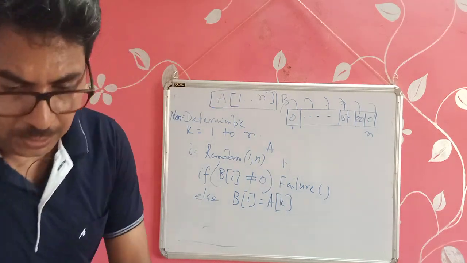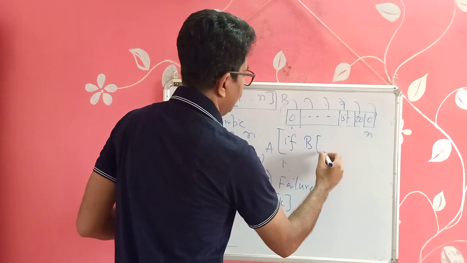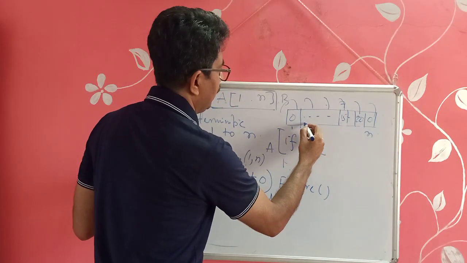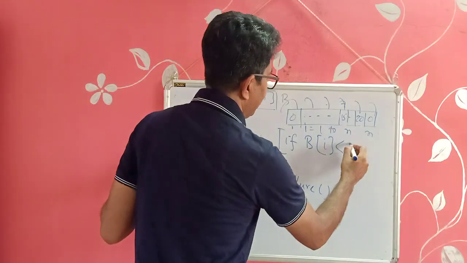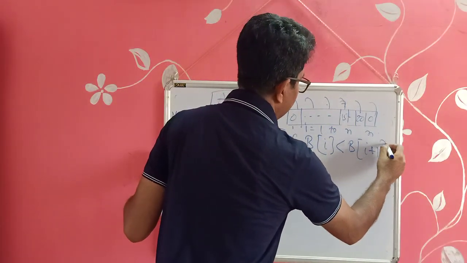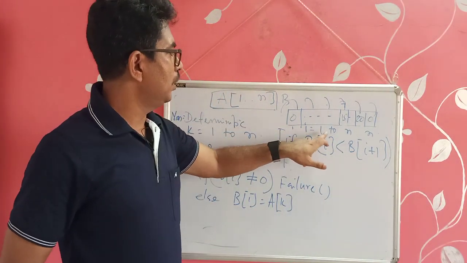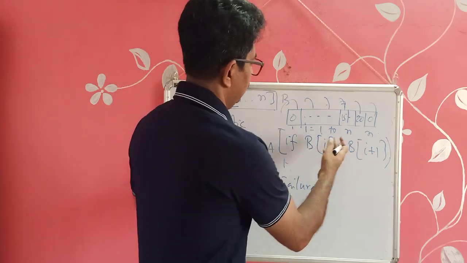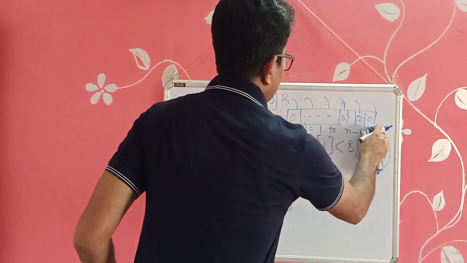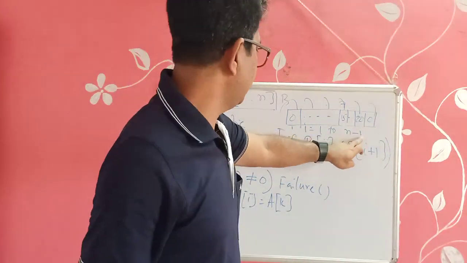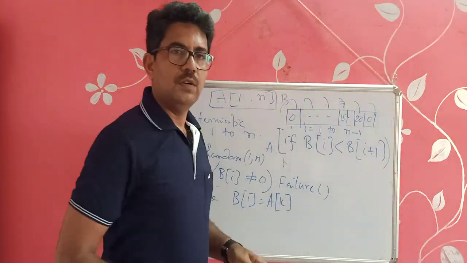We check that for all i equals 1 to n minus 1, B_i is less than B_(i+1). If for all the values, what does it mean?